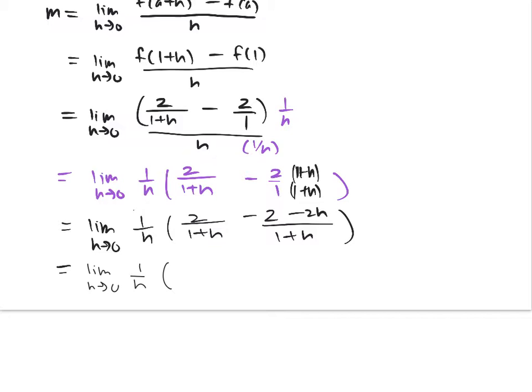Okay, so what happens when you add the numerators together? What's left? Over 1 plus h, and then can you cancel that problematic h from the 1 over h? Yes, awesome. So limit h goes to 0, negative 2 over 1 plus h, so you're done, and the limit is equal to?